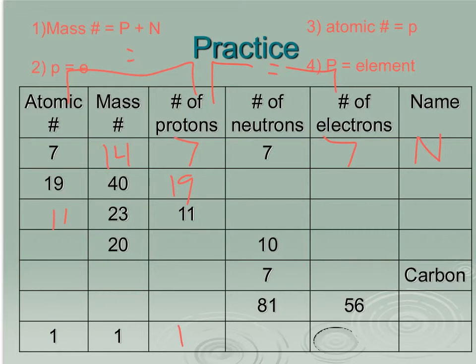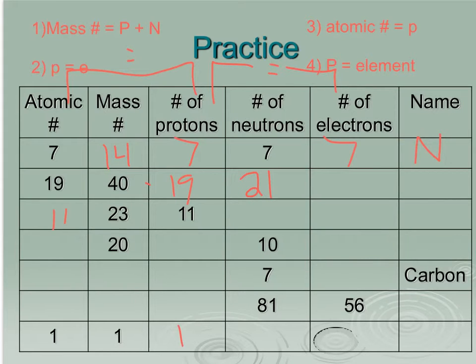If we go through and solve the second one, well, again, now we're given our mass number. So we have a mass number of 40. We have our number of protons. Well, remember, mass number is protons plus neutrons. So whatever amount of them is not coming from my protons must be neutrons. So therefore, I'm going to take 40 minus 19, and that'll give me an answer of 21.